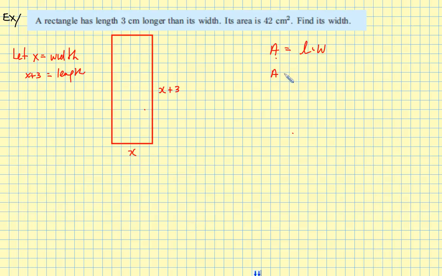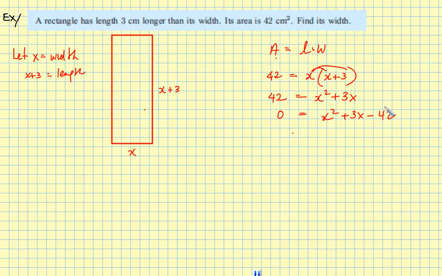And since the area is 42, and it's equal to x times x plus 3, then we can say that 42 equals, and now we're going to expand here, so it goes to x squared plus 3x. Therefore, 0 is equal to x squared plus 3x minus 42.